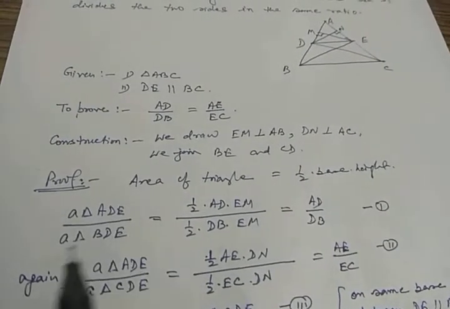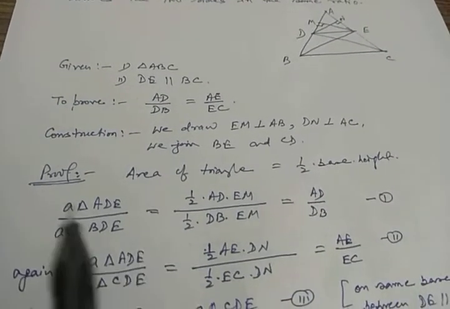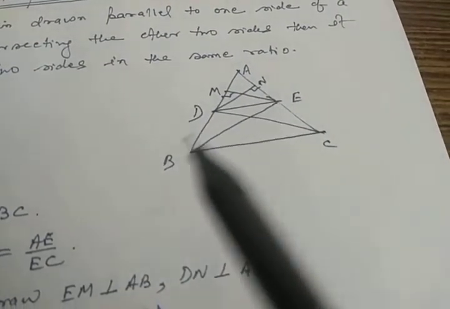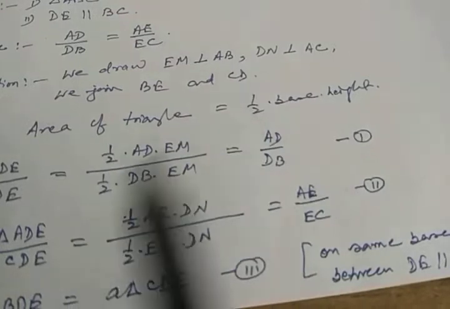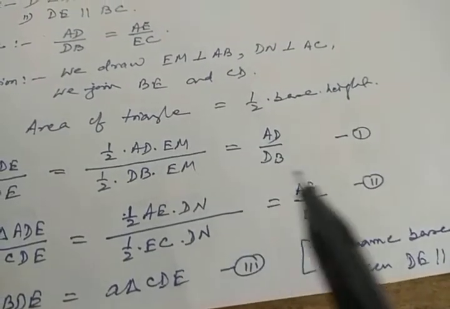Triangle ADE by triangle BDE: their areas are half into AD into EM, and for BDE, half into BD into EM. Now half EM cancels, so it is equal to AD by DB.